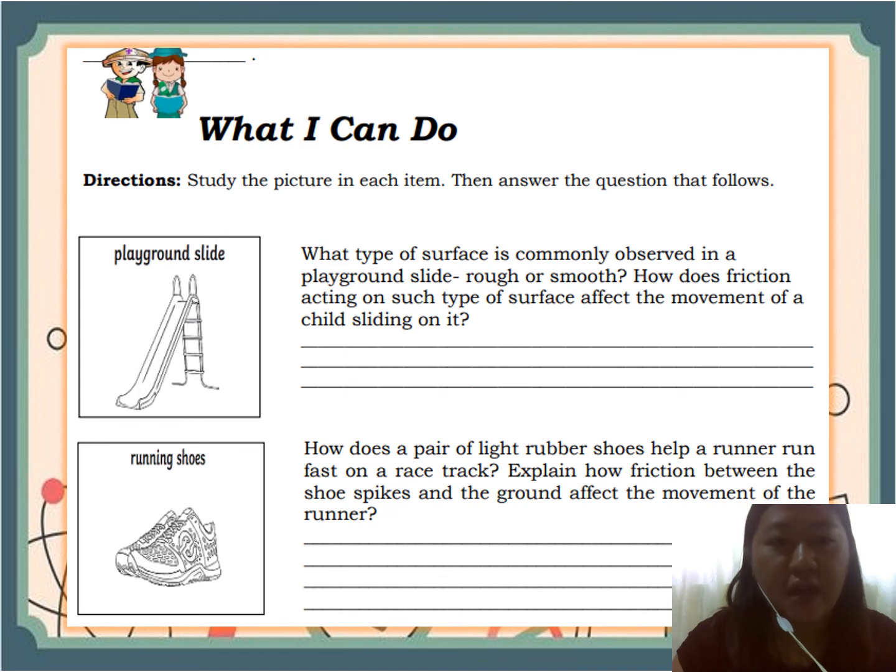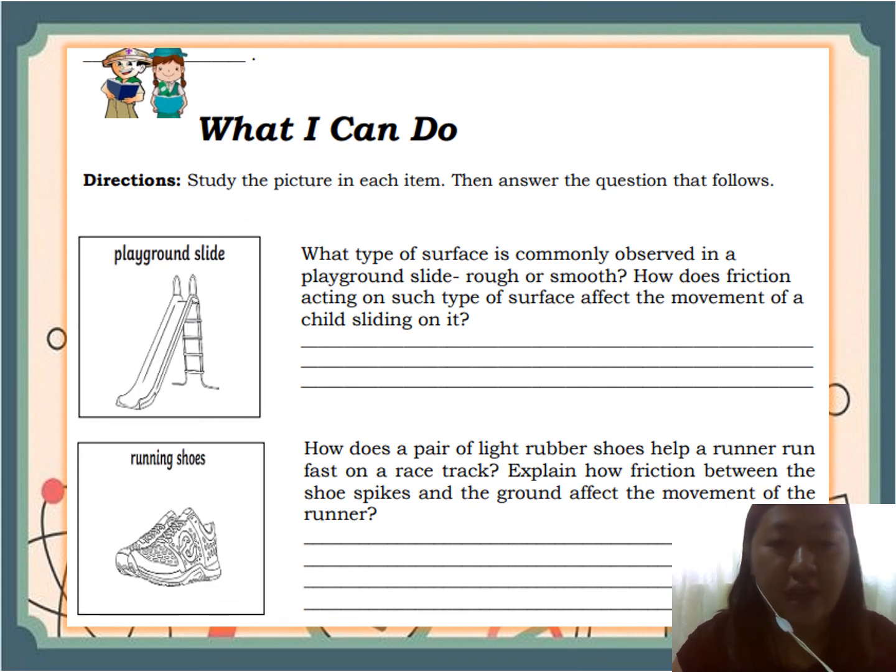So the first picture is a playground slide. What type of surface is commonly observed in a playground slide? Rough or smooth? Okay, we always have a smooth surface in a playground slide. How does friction acting on such type of surface affect the movement of a child?